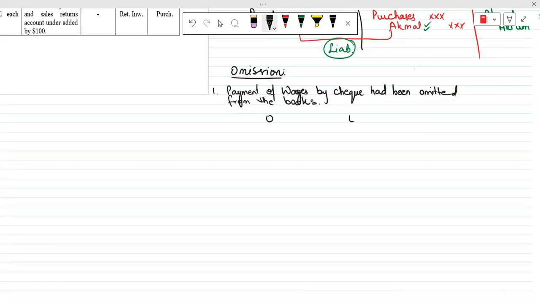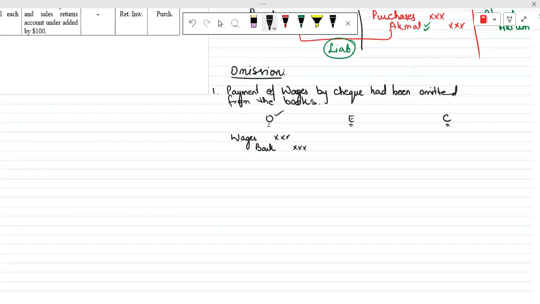Again, we will continue likewise we did in our previous lecture, that what was supposed to be the original entry. Now, when we make payment of wages by check, wages expense would be debited and bank should have been credited.